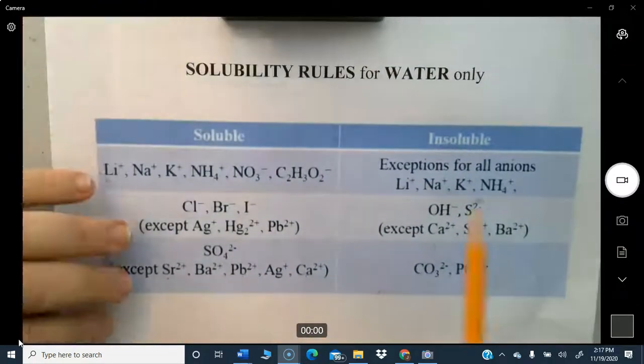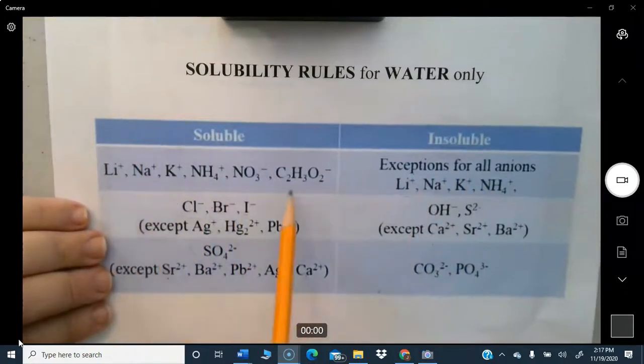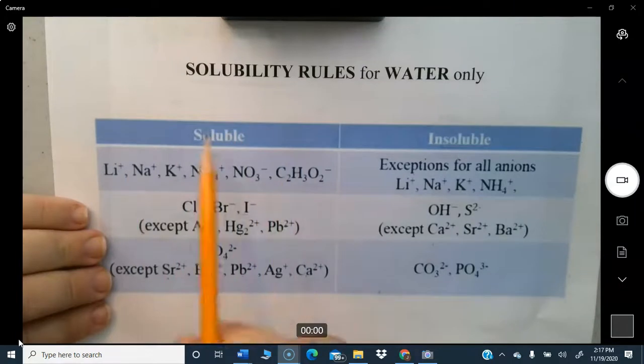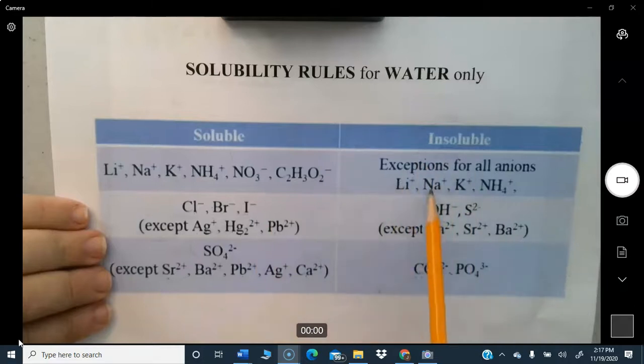Okay, insoluble. Everything down here is insoluble with this exception, these 4 right here. I'm not sure why they didn't list everything over here, because everything over here should be soluble. But you see they listed some of those. They listed the first 4 there. I don't know why they didn't list everything over here. But pretty much everything over here is insoluble except these.